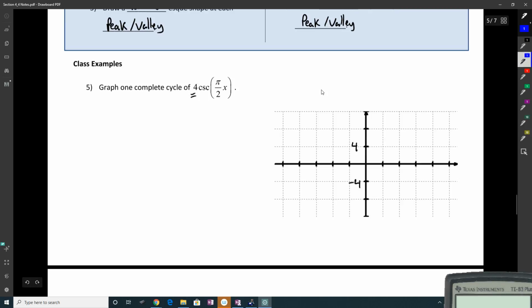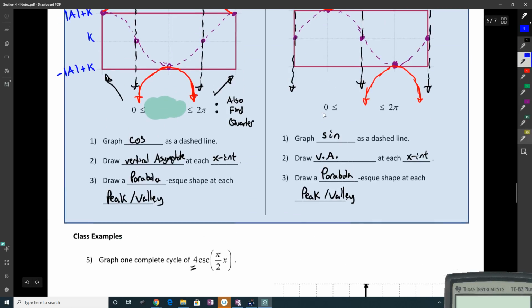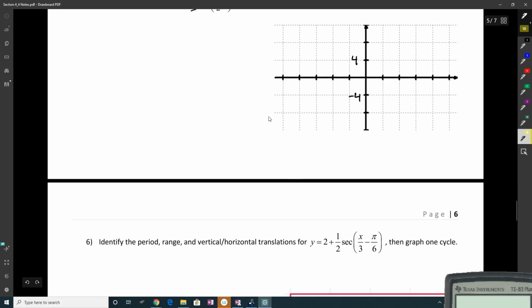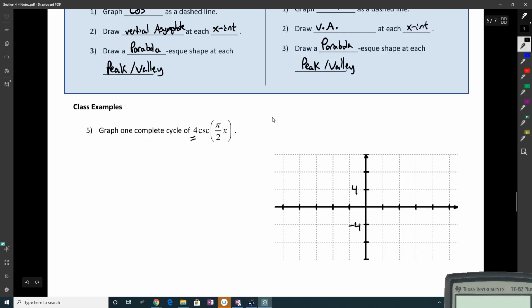One thing I forgot to mention is that when you're dealing with these two, we're back to 2 pi. The only ones that have special periods are tangent and cotangent. Anyway, so I know that 0 is less than or equal to pi over 2 x, less than or equal to 2 pi. I can multiply by 2.